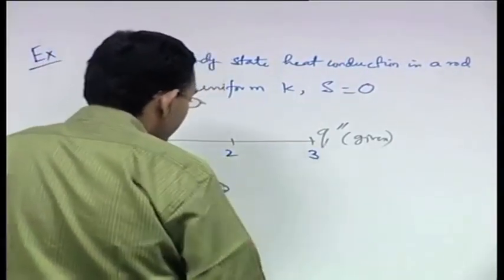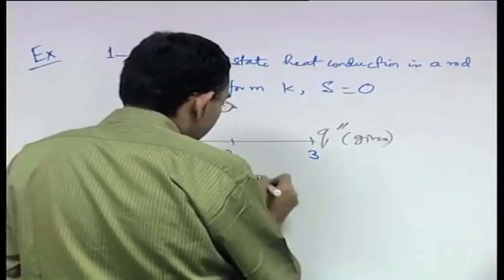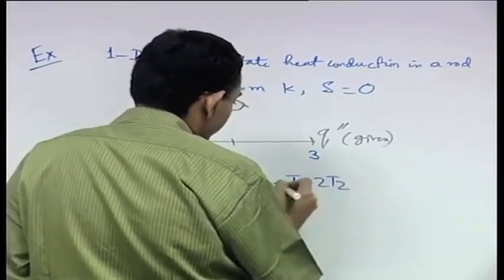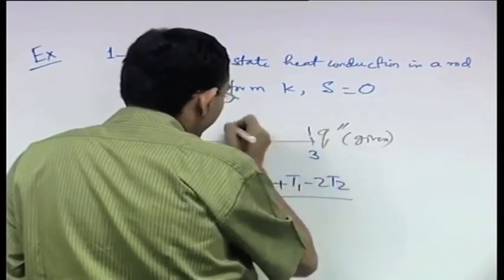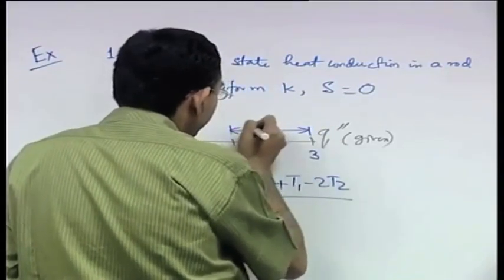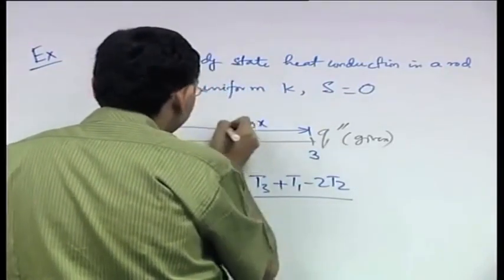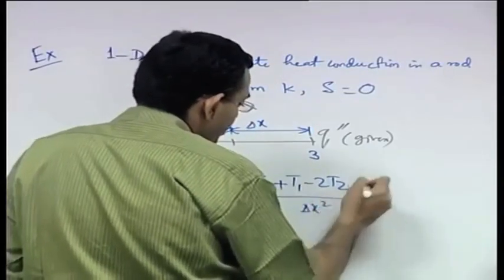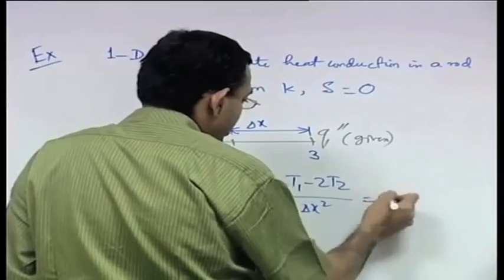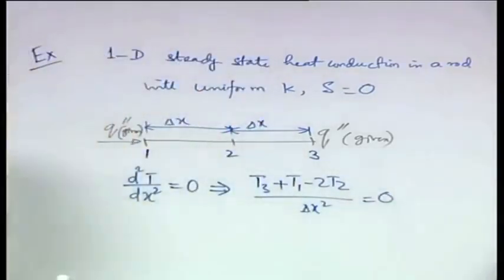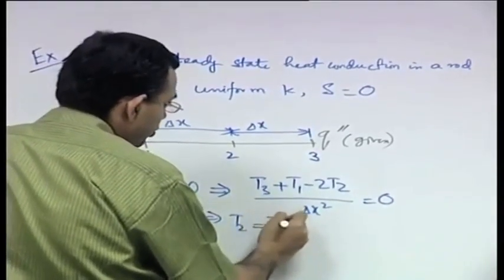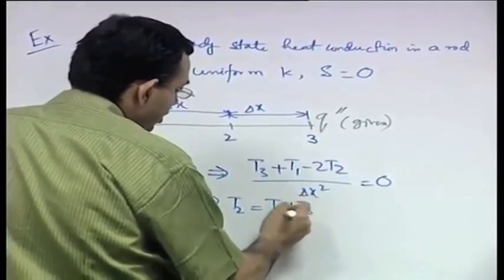If you use a central difference, then (T3 plus T1 minus 2 T2) by delta x square is 0, where delta x is the grid spacing. So, you have T2 is equal to (T1 plus T3) by 2.